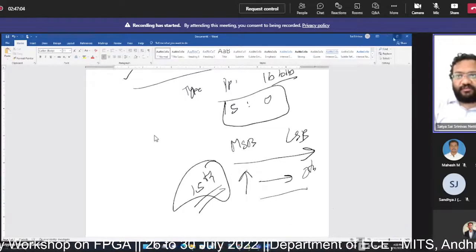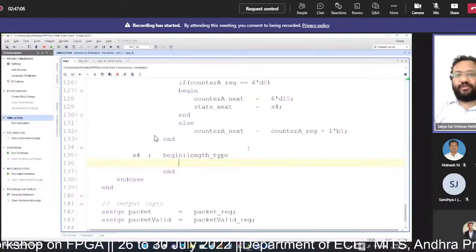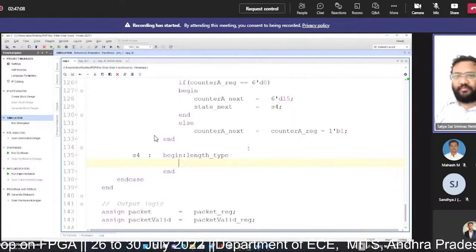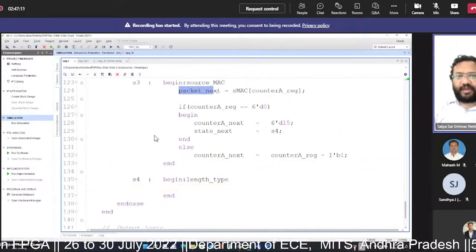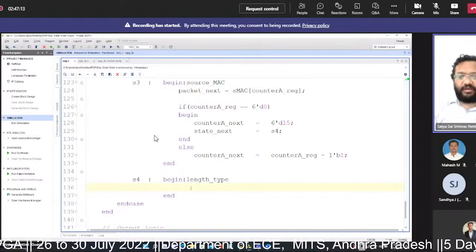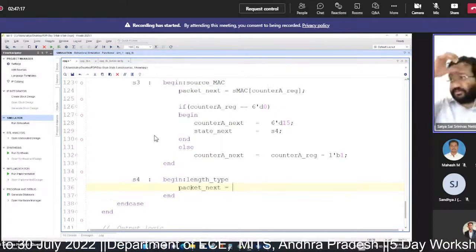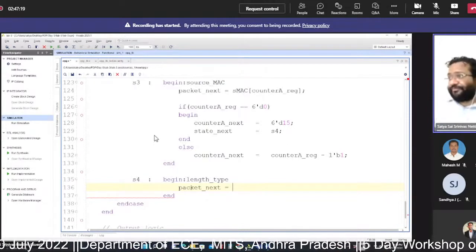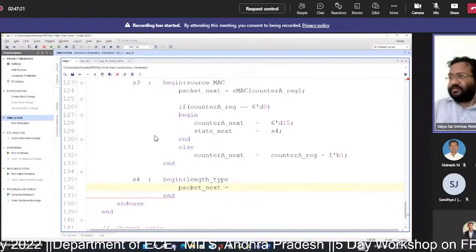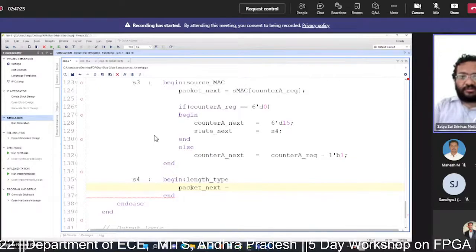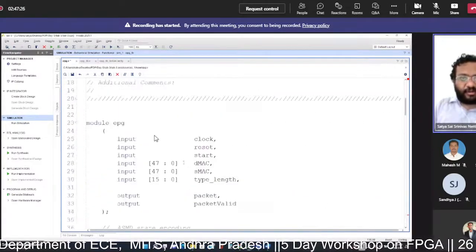My counter is pointing to the 15th bit. So packet next, what is my input name?